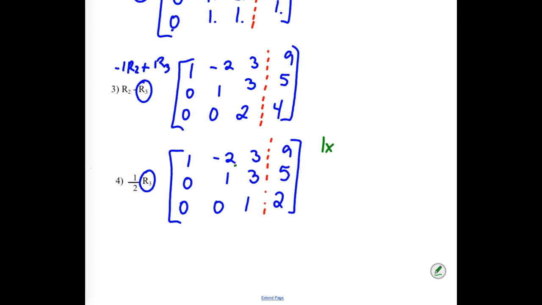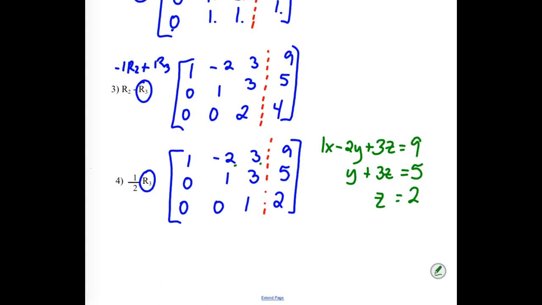I have -2 for my y coefficient. I have 3 for my z coefficient. And it's supposed to equal a constant of 9. My second one says I have 1 y and 3 z's, and it's supposed to equal 5. And my bottom row says what? 1z equals 2. So I already have my first variable.